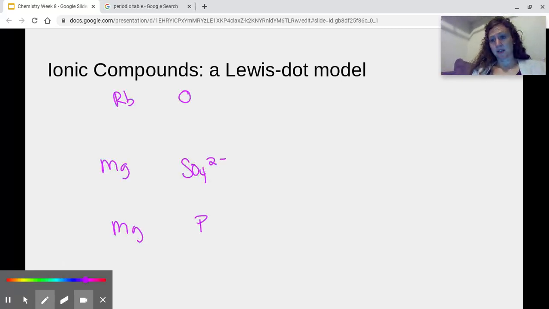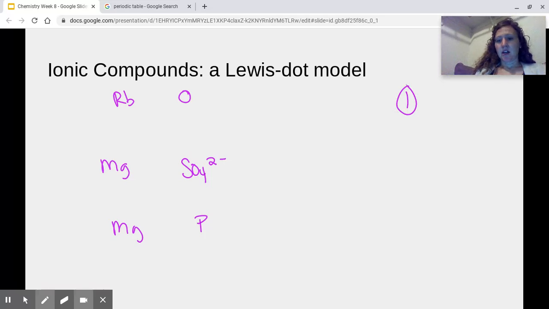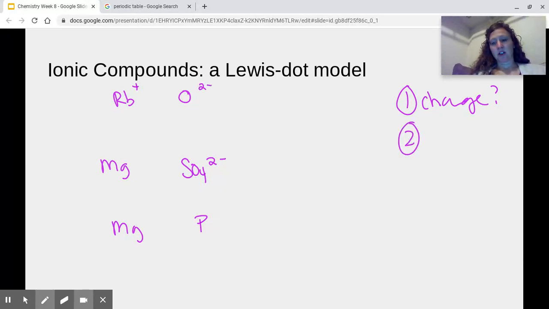Okay, let's try these 3. So as you're looking at things to combine, you kind of have to think through processes we've already done. Step 1, you're going to have to think, what's the charge? Okay, so for example, rubidium is going to form a 1+ charge. Oxygen is going to form a 2- charge. Now, the second thing you need to know is how many of each do I need in order to be neutral?